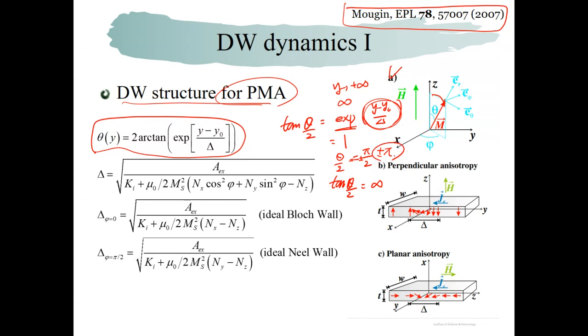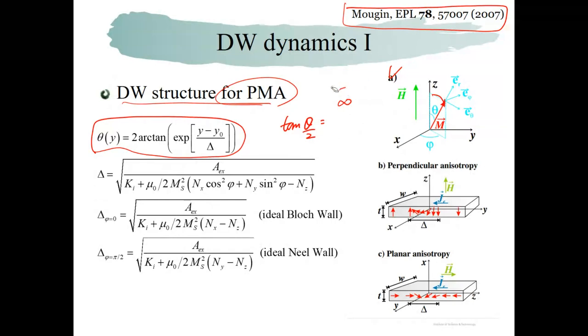So that means up or down direction of the domain magnetization. And also, if we have the minus infinity case, then this term gives 0. So in this case, theta is 0. So that means the up domain. Okay. So this equation gives us the details of the domain wall magnetization direction inside the domain wall.